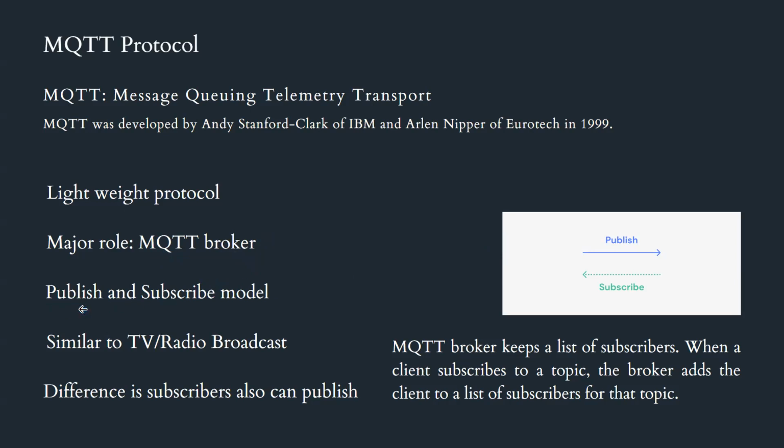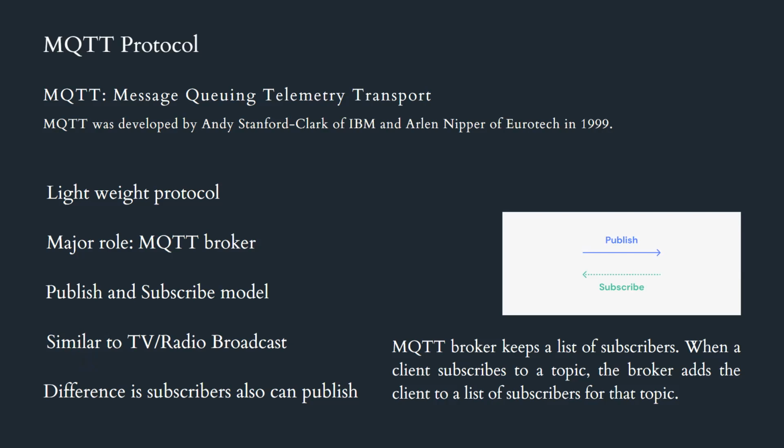It is using a model called the publish and subscribe model, and therefore we are doing some publishing and we are subscribing to some data, right? So it is very similar to TV and radio broadcast, right? But there are some differences between the IoT network MQTT and the TV and radio broadcast.